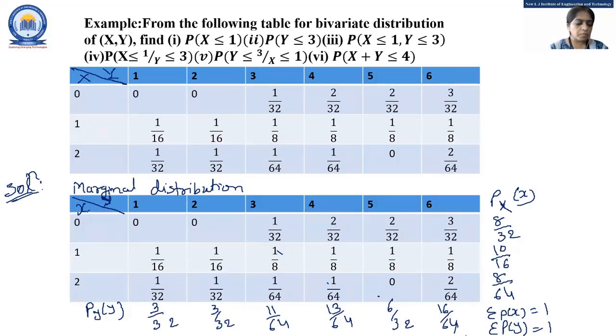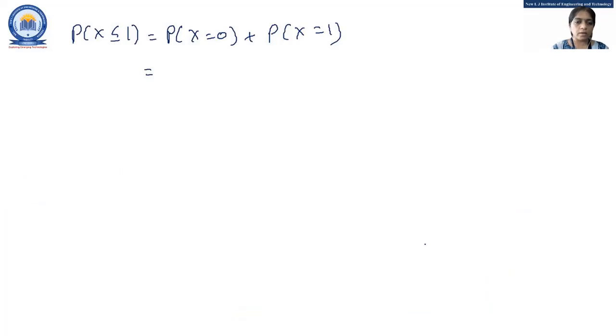So the probability of x equal to 0 is 8 by 32, and the probability of x equal to 1 is 10 by 16. So here 8 by 32 plus 10 by 16. After simplification, it is 7 by 8.